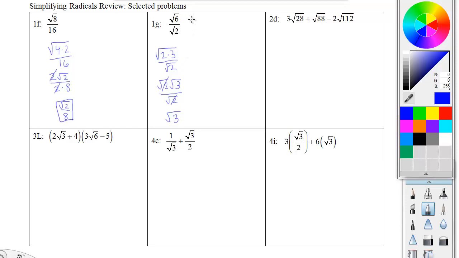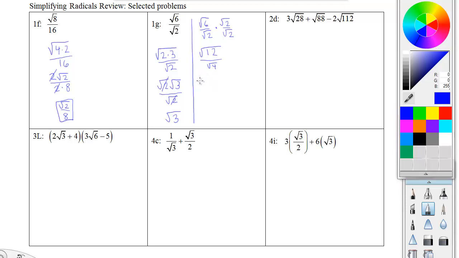Now that might not have been the first way you thought of, so perhaps you took this question, square root of 6 over the square root of 2, and decided to rationalize it by multiplying top and bottom by the square root of 2. That would be fine. You can do that, and the numerator would end up being the square root of 12, and the denominator would end up being the square root of 4.